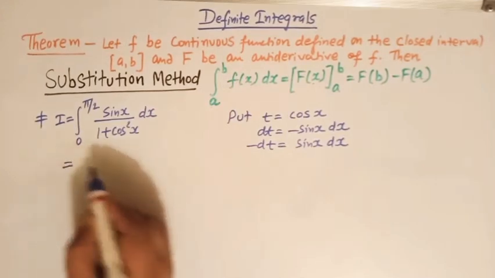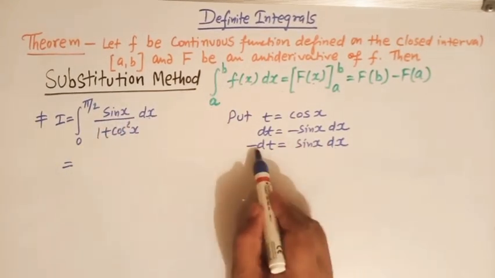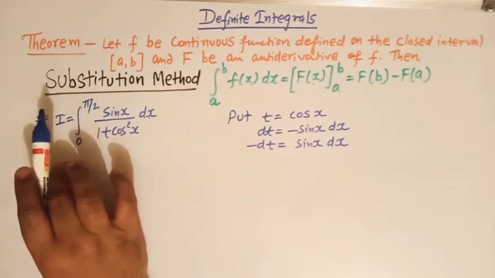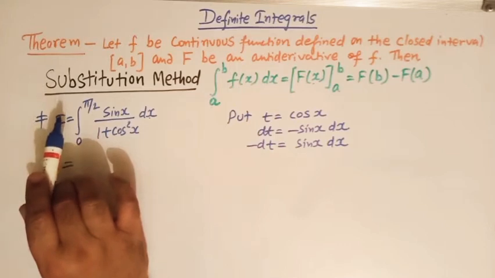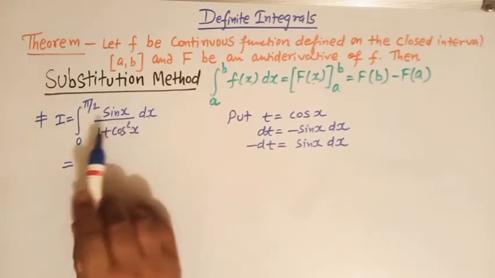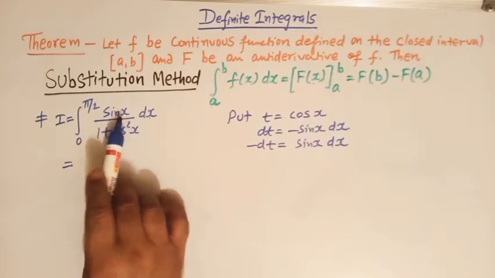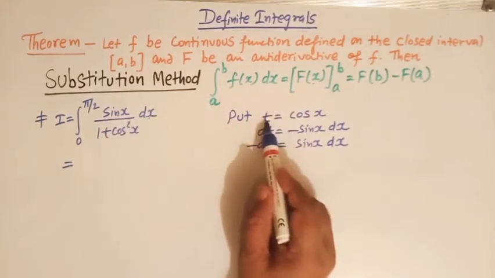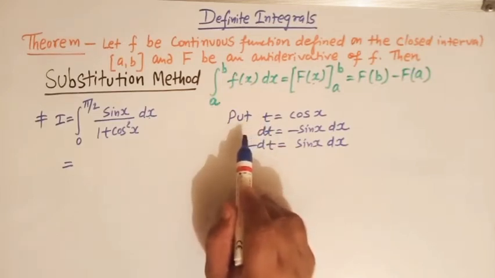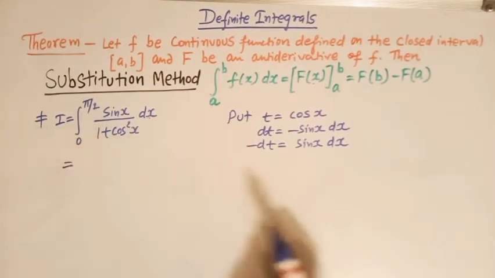Clear? The purpose of using the substitution method is to change this integral, which is given in the variable x, to the variable t, and while doing so we have to change the limits also.